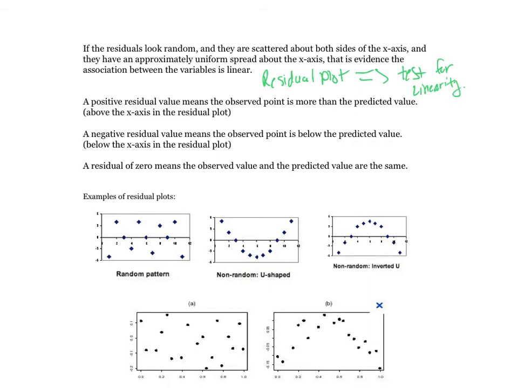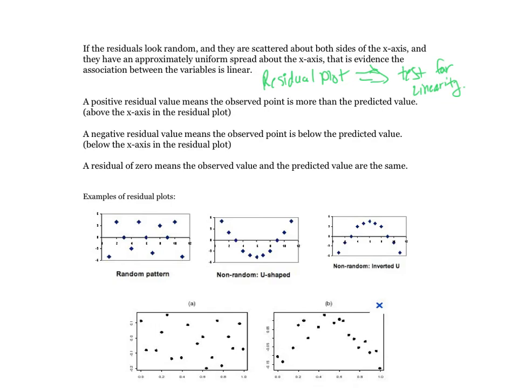Okay, it gives us more evidence that our association between our two variables is linear. So we always want to check a residual plot as part of our linear regression to make sure that the original data was linear.